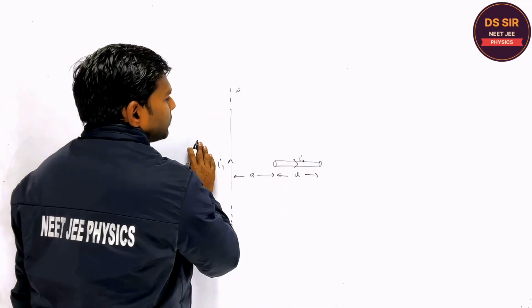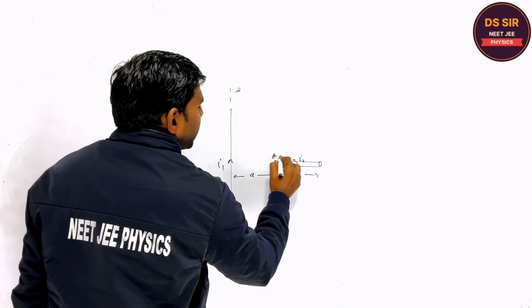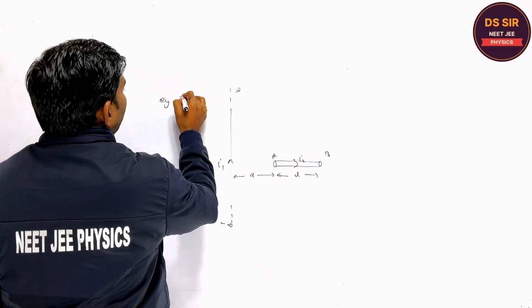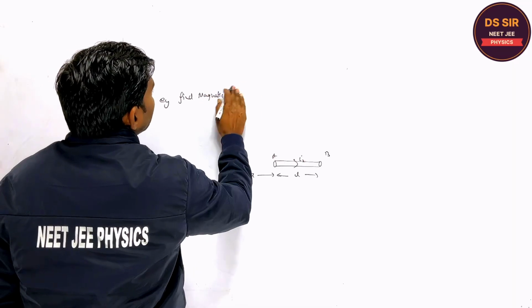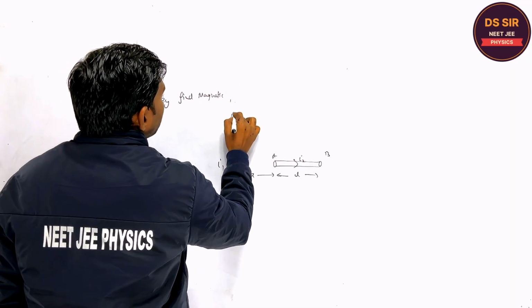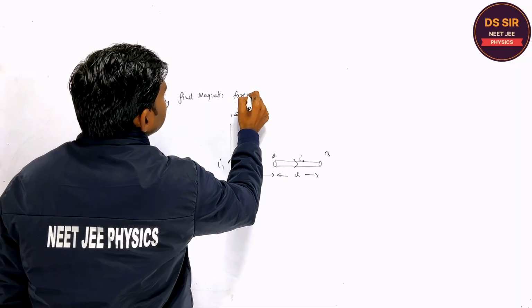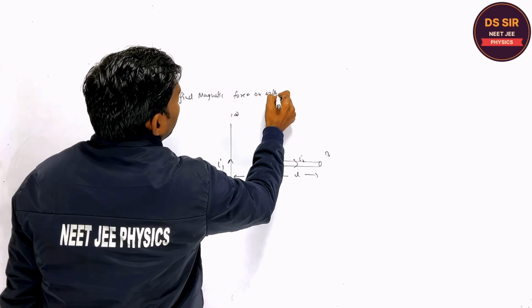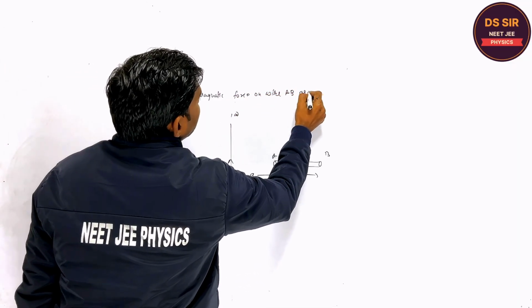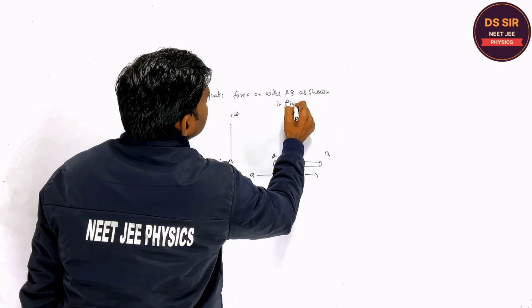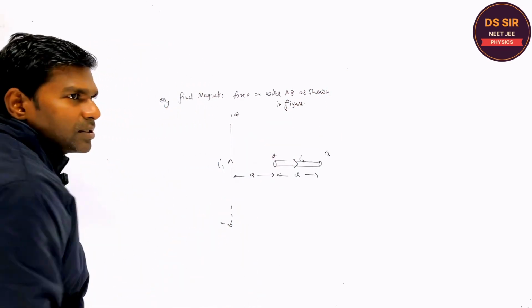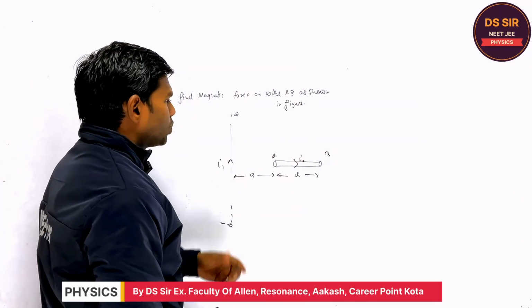So this wire name is AB. Find the magnetic force on wire AB as shown in figure. Copy this. So how to solve this question?